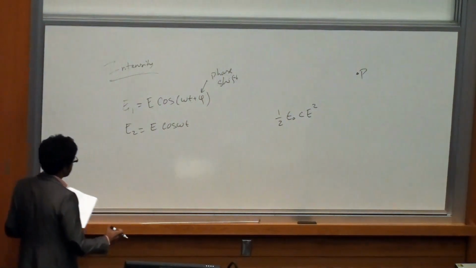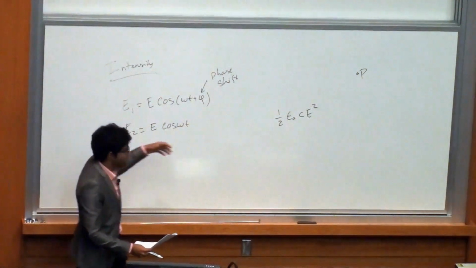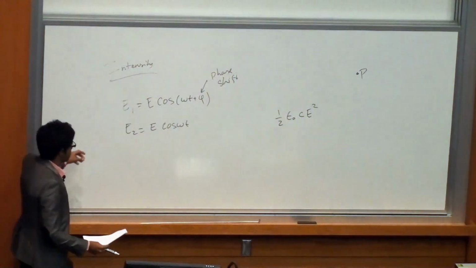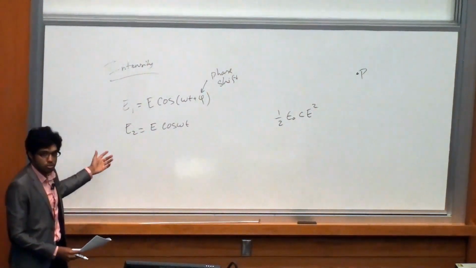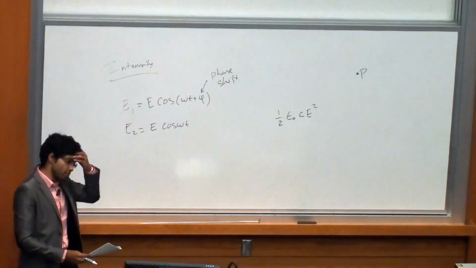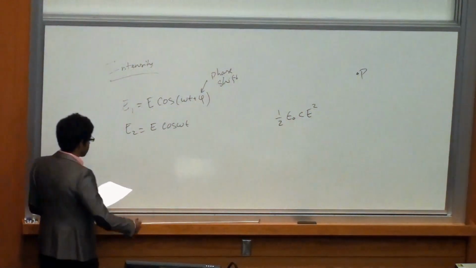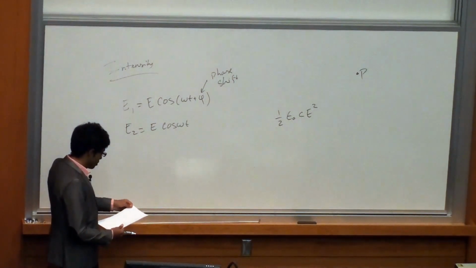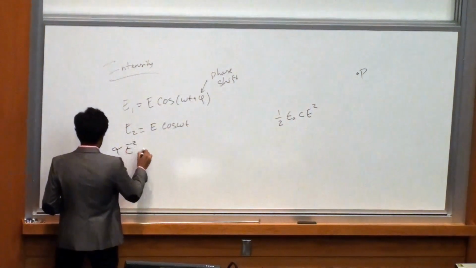So at point P, we will have a superposition of both of these. Each of these may have the individual E squared, but at that point P, the intensity overall has to be a superposition of both. The superposition principle, we can't really escape it. So to find the intensity at point P, we know that it's proportional to E squared.